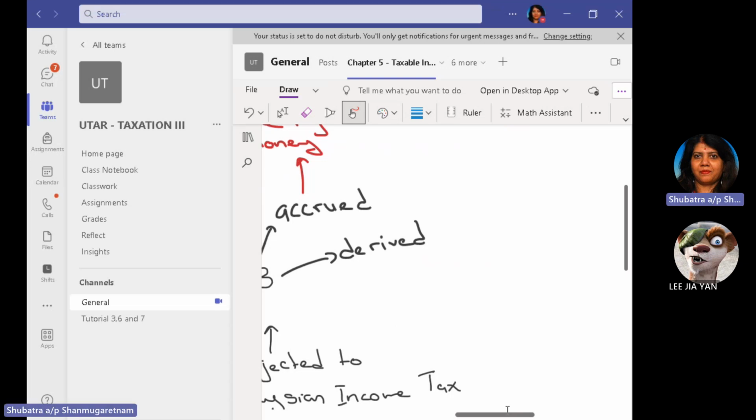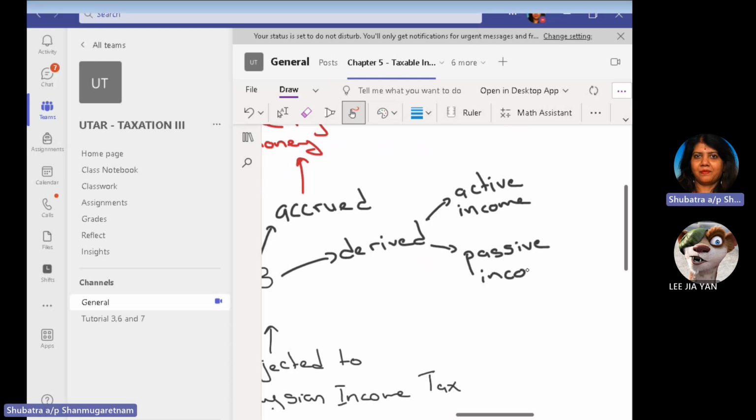I am not using the word earn, because derived does not only mean you have earned the income. Derived means the moment you have got the income. All right? So under derived, you have active income, and you have got passive income. That's why I do not use the word earn.